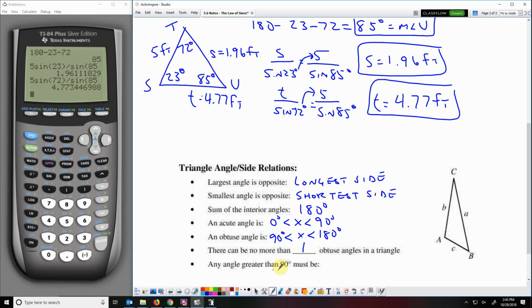And if you do have an obtuse angle, or if you have a right angle, it must be the largest angle. Okay, so if you have one obtuse angle and then you find another angle and it's even bigger, that's going to be a problem. So you should only have one obtuse angle. If you have a right angle, you can't have an obtuse angle. So 90 degrees or bigger, that must be the largest angle in your triangle.